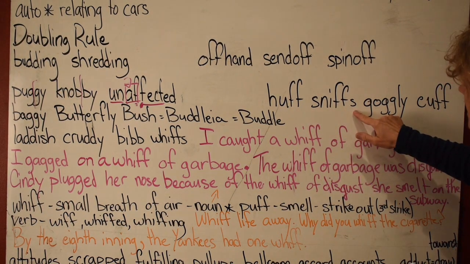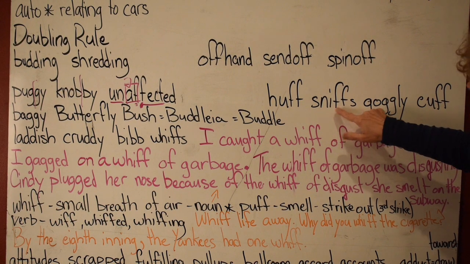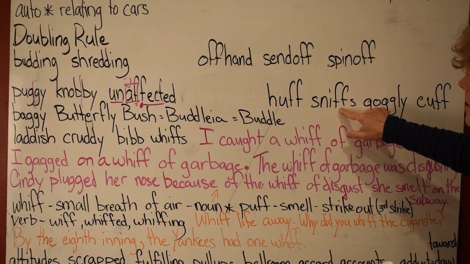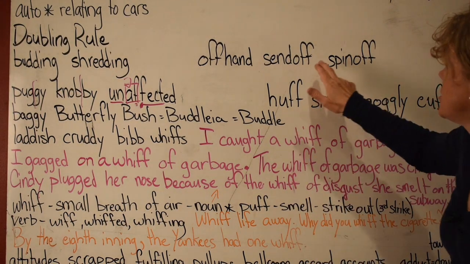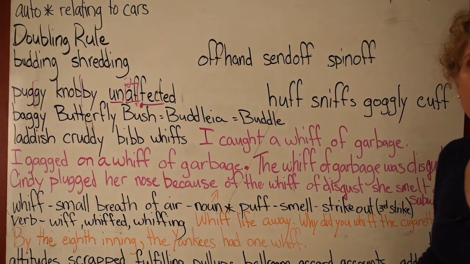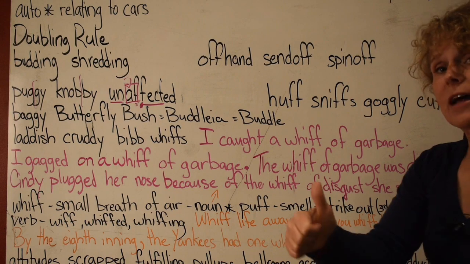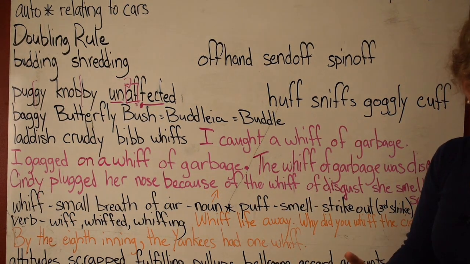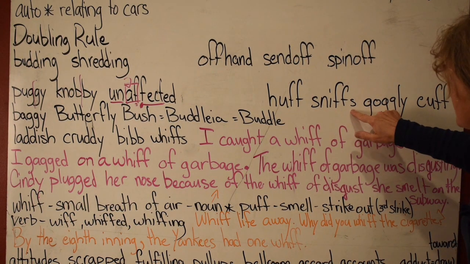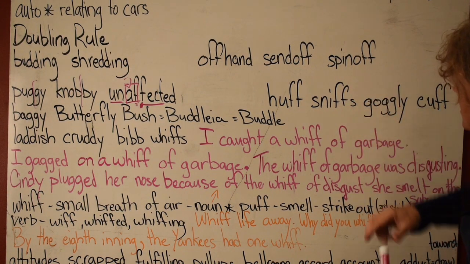Huff, sniffs, same thing, one vowel. You're doubling your F's. So I really want you to notice that. Double the F's. Okay, remember, F's are doubled if it has one vowel and it ends in an F. They're doubled. Okay, sniffs. Now this has a suffix. So that's the reason why.